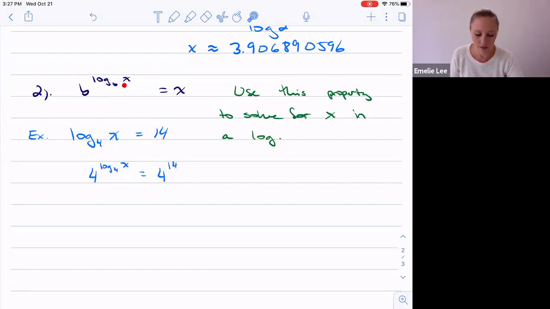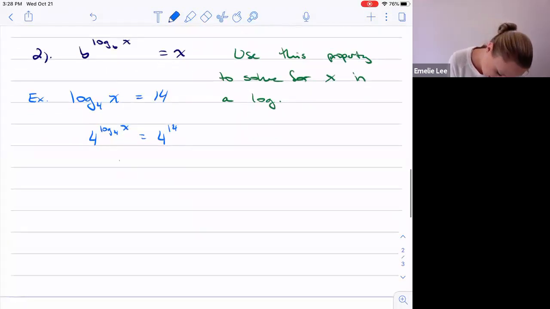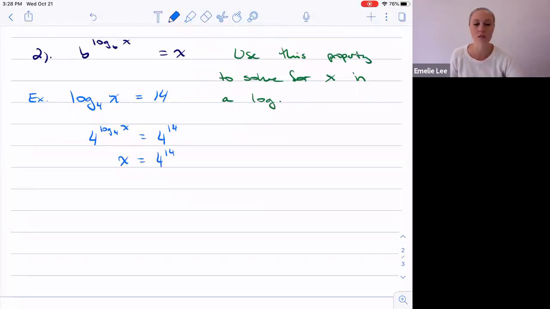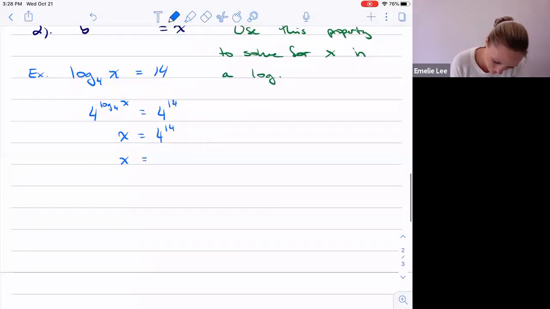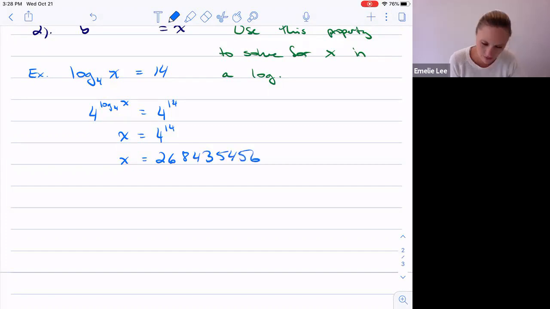B to the power of log base b of x is just x. So this cancels these guys out, and the x is going to drop down on its own. So x is 4 to the power of 14, which you can just do on your calculator. 4 to the power of 14 is huge, but it is exactly 268,435,456.